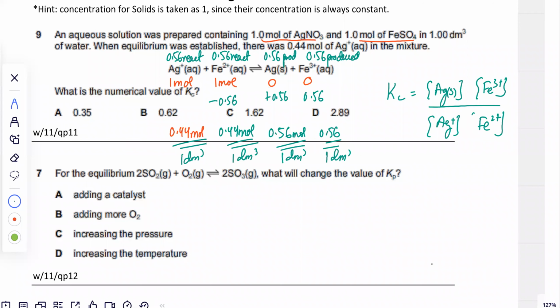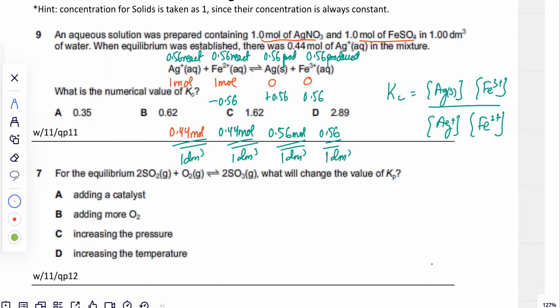Now, tell me what is wrong with this expression, the one that I've written. I mean, Kc is always product concentration divided by reactant concentration. These are my products. These over here are my reactants. But can anyone point out what's wrong with this expression?